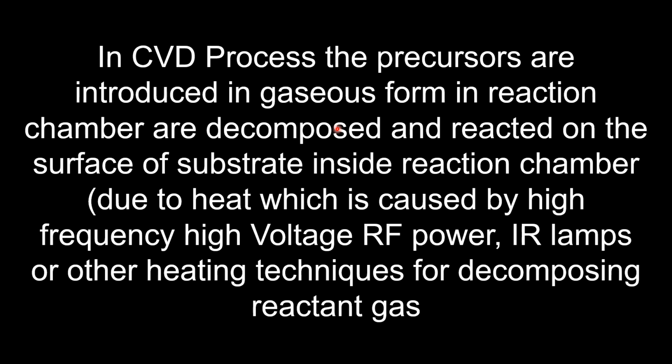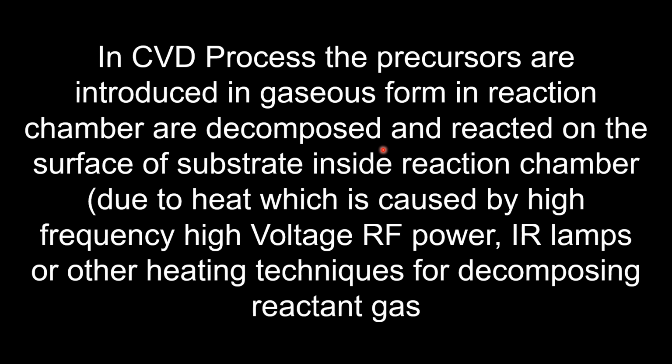Usually, IR lamps are used, which basically increase the temperature of the reaction chamber, and due to the higher temperature, when the precursor material reaches the surface of the substrate, it gets decomposed and converts into a thin film.